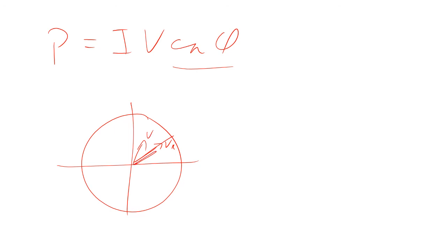The current is going to be perpendicular, in other words, the voltage is going to be perpendicular on the LC part. So the total voltage is going to be like that.